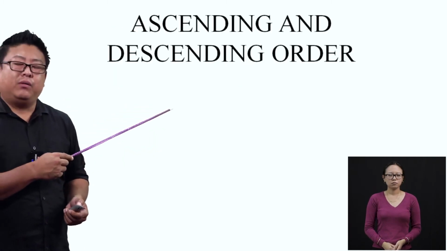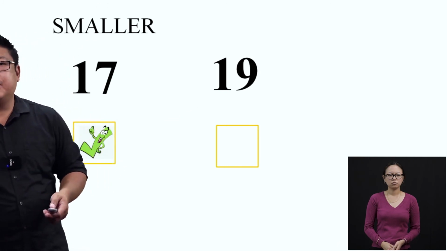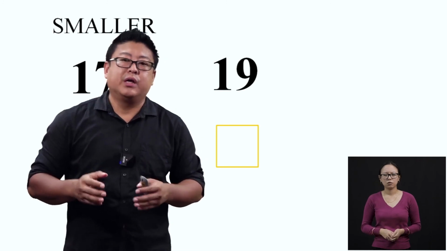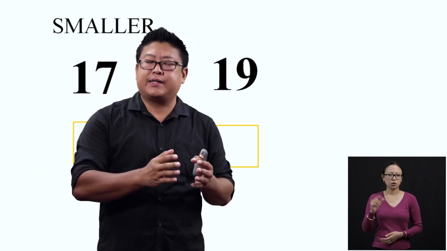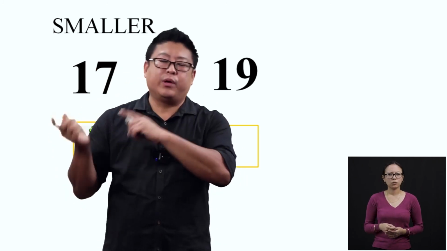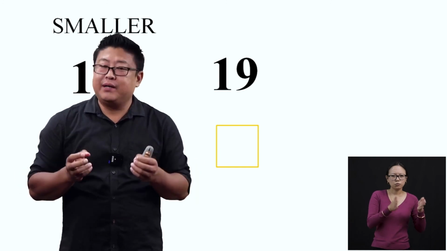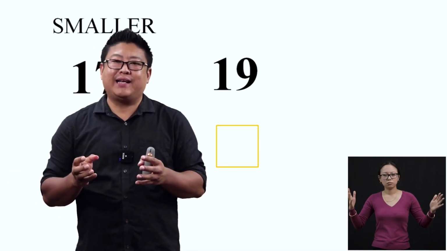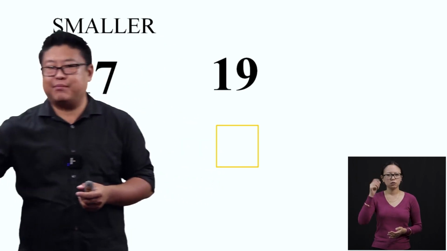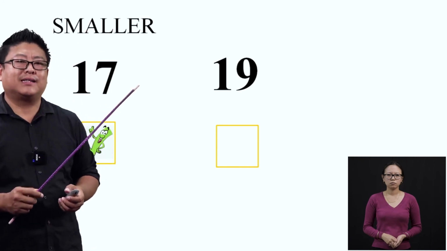Now, these smaller and bigger numbers will be very useful in the days to come because we will try to understand the numbers in such a way that we know the numbers before it and the numbers after it. We will use smaller and bigger numbers to identify the numbers before and after a certain number. We will come to those classes later on.